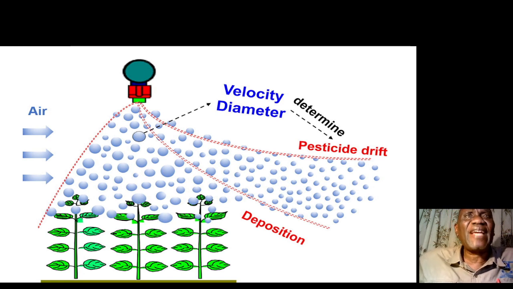This is off-target pesticide which is missing the crop. So the velocity and the diameter are very important when it comes to these droplets and the pesticide application.